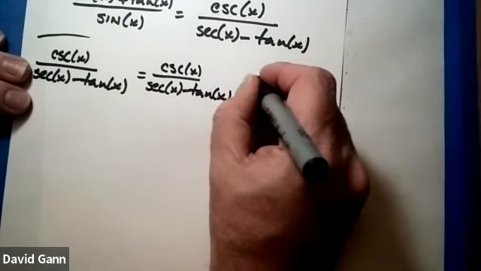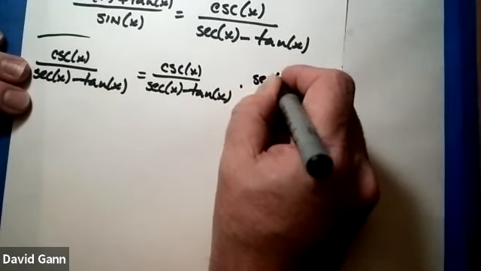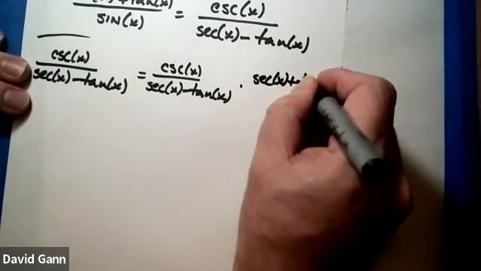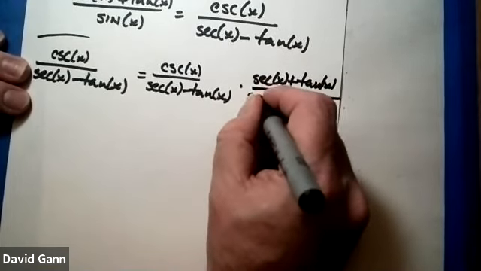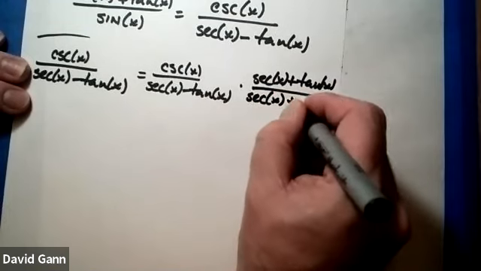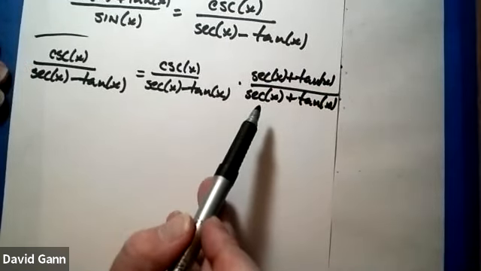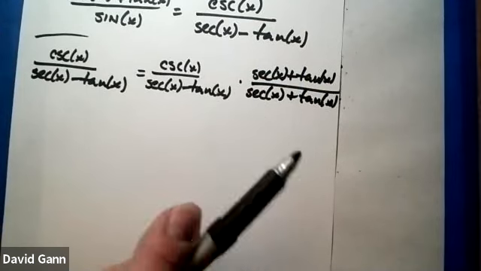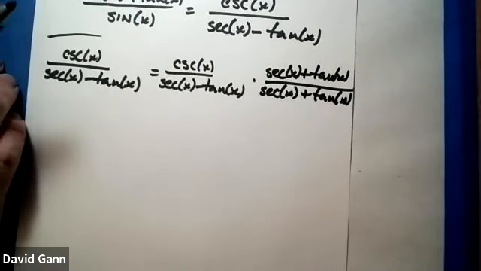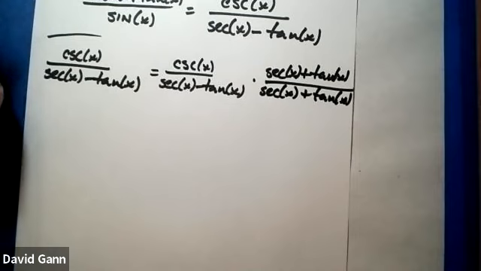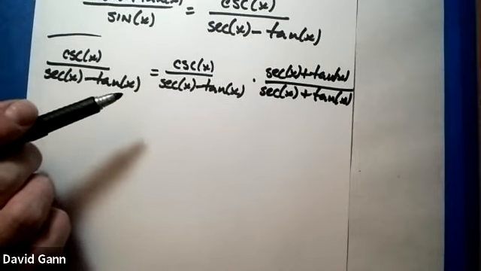So I'm going to multiply by the ratio secant of x plus tangent of x over secant of x plus tangent of x. Now notice this is just a really ugly version of the number 1, right? Which is, as we said in our preamble in the first segment to this, always legitimate.